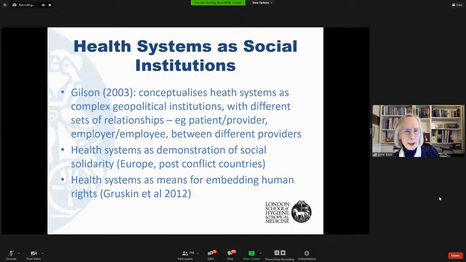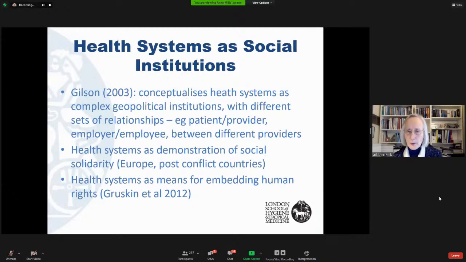For example, my colleague Gilson, who's conceptualized health systems as complex social institutions based on different sorts and sets of relationships, like the patient-provider or the employer-employee.